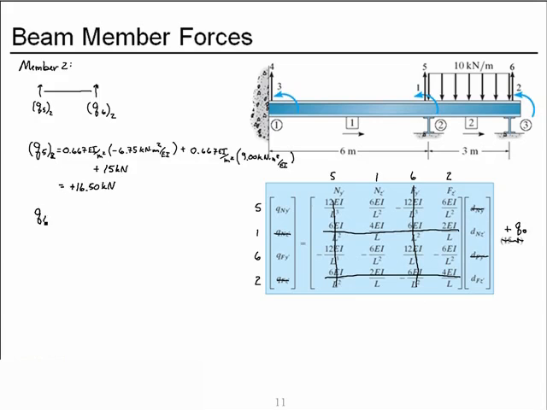Now the other end. Degree of freedom 6 for member 2.